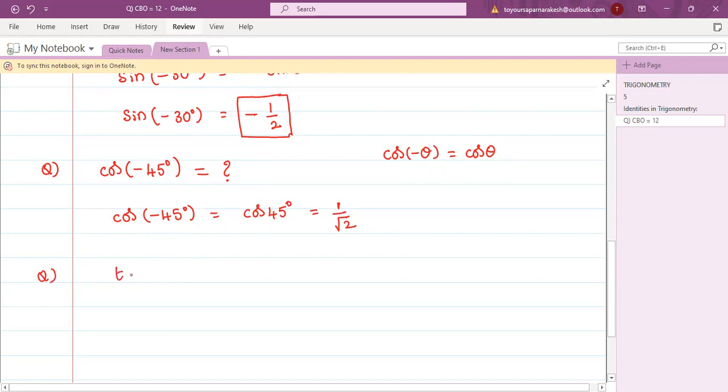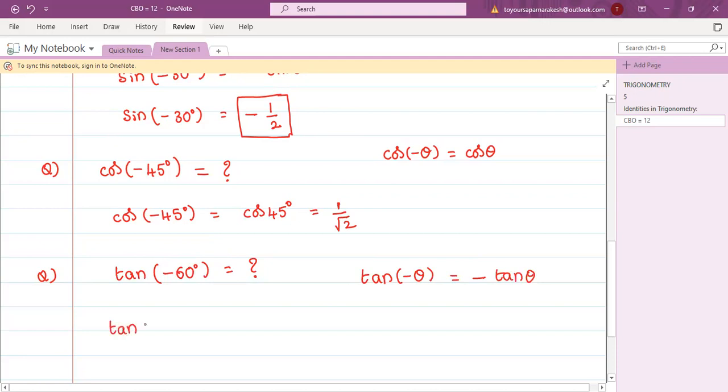In the next question, I want to find the tan function of minus 60 degrees. I told you already, tan of minus theta means the formula is minus tan theta. Same thing here.